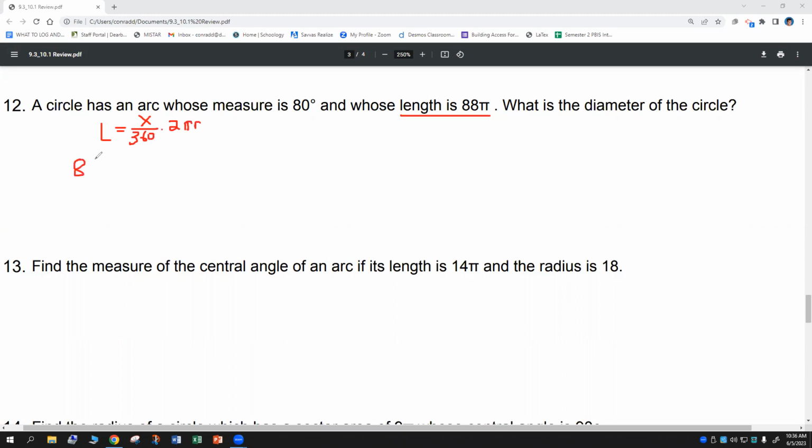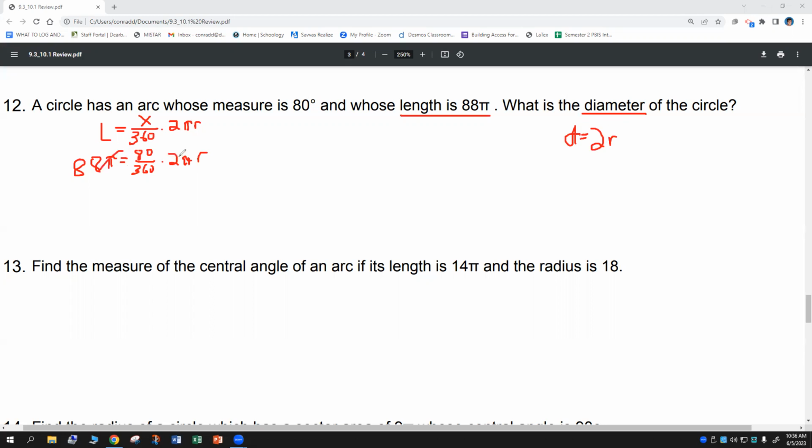So I'm going to substitute in 88 pi for L. The arc measure is 80. So I'm going to do 80 over 360 times 2 times pi times r. R is what we're solving for because the diameter equals 2 times the radius.